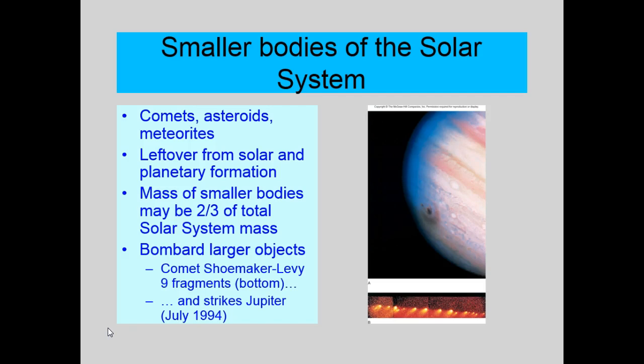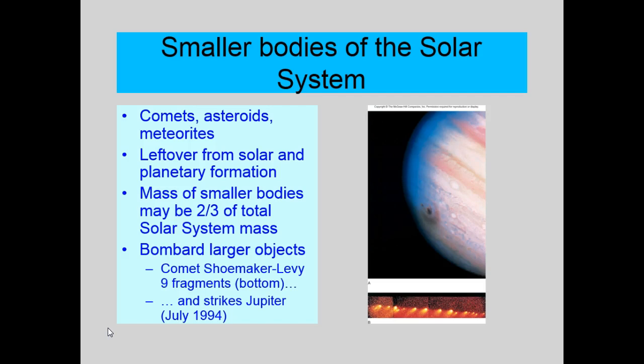Now, they comprise mostly 3 categories: comets, asteroids, and meteors. Now, I wish they wouldn't say meteorites. That's the wrong term to use here. They should say meteoroids, not meteorites. What's the difference? We're going to get to it later, but I'll give it to you now.